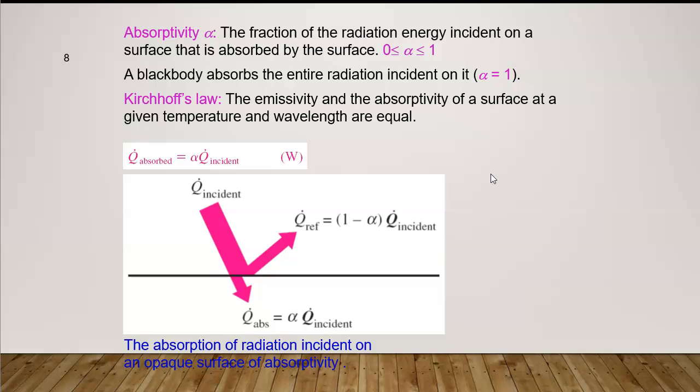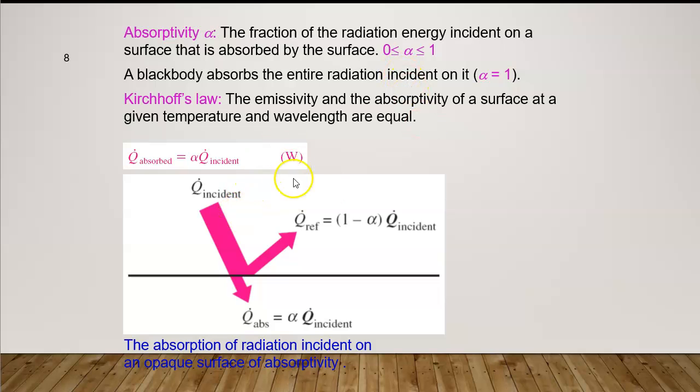Absorptivity is the fraction of radiation energy on the surface that is absorbed by the surface. If absorptivity is equal to 1, it means everything is absorbed, and 0 means it doesn't absorb anything.